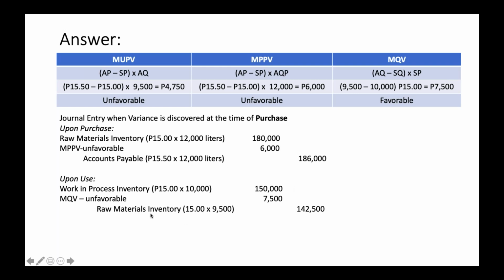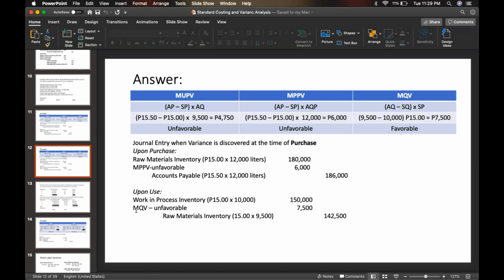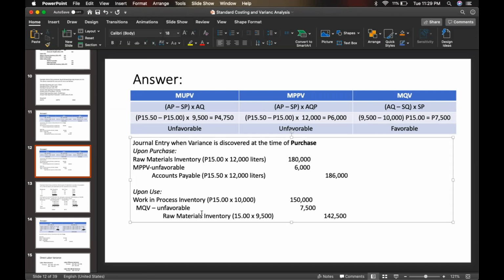Okay, for the quantity variance, debit work in process, debit material quantity variance, unfavorable. Oops, hold on. This is an error. Material quantity variance favorable of 7,500 should be credited, and then credit raw materials inventory, 15 pesos times 9,500. Let me just correct this one so that we will not be confused. This should be credited.